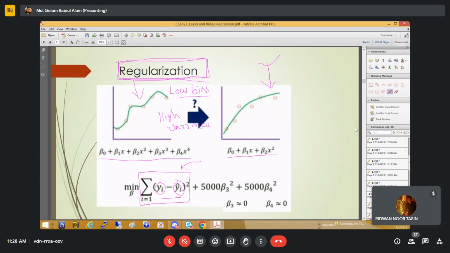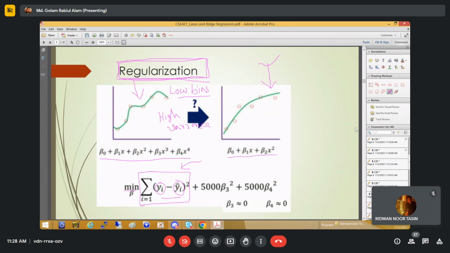And what we have to do is minimize this. Okay, this is the error, so we need to minimize the errors. We want to minimize the errors. So usually in the objective function of our linear regression, we have this part, the minimization of squared residuals.